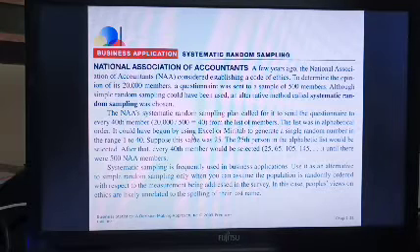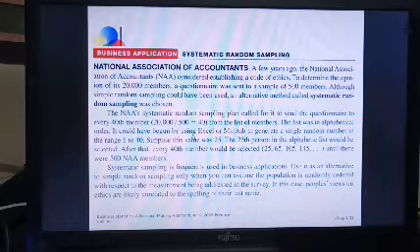It could have begun by using Excel or Minitab, which is also a spreadsheet like Excel, to generate a single random number in the range 1 to 40. Suppose this value was 25, the 25th person in the alphabetic list would be selected. After that, every 40th member would be selected until there were 500 members as the sample.